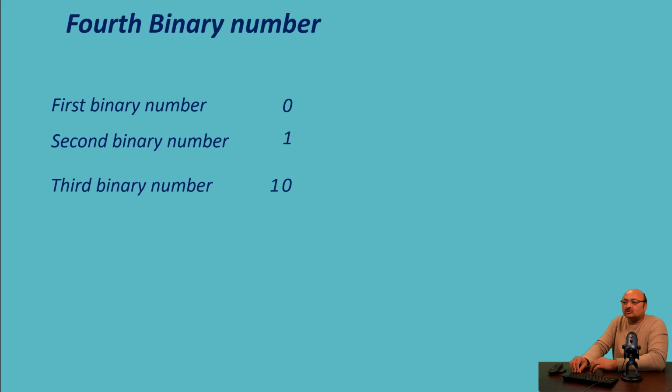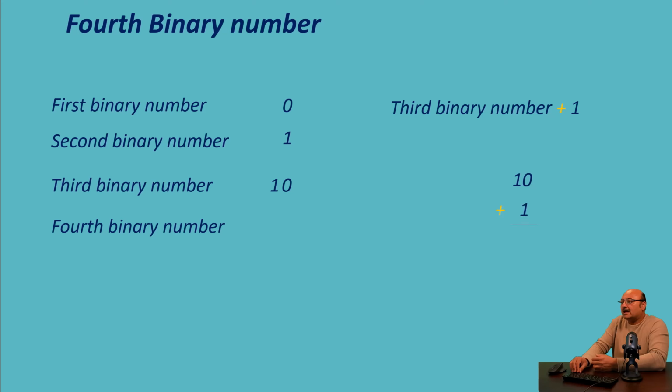Applying the same logic to the fourth number, we add 1 to 10. 0 and 1 gives us 1, and now I'm going to add a placeholder 0 in front of the 1. Then 1 and 0 again gives us 1.